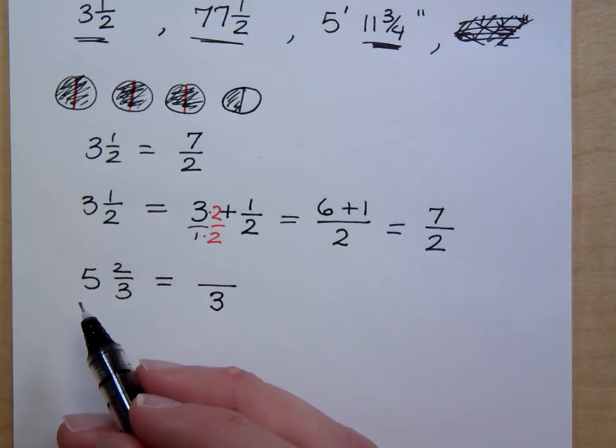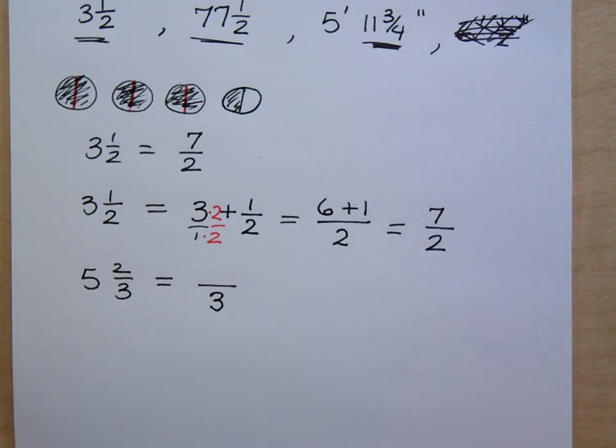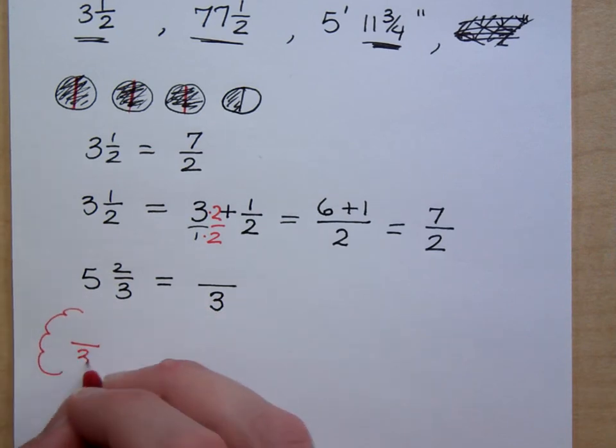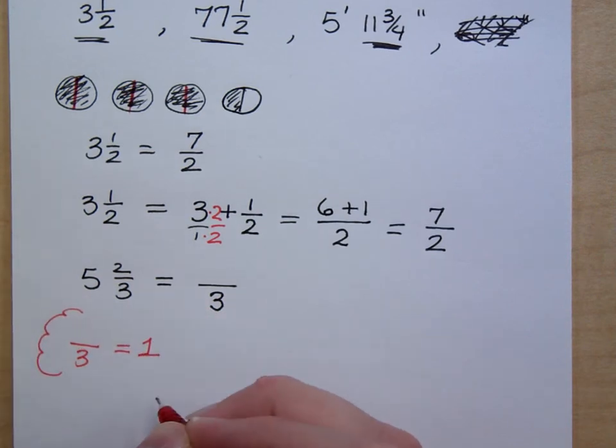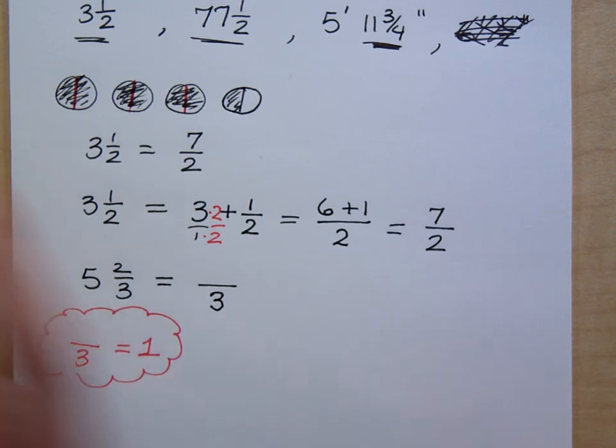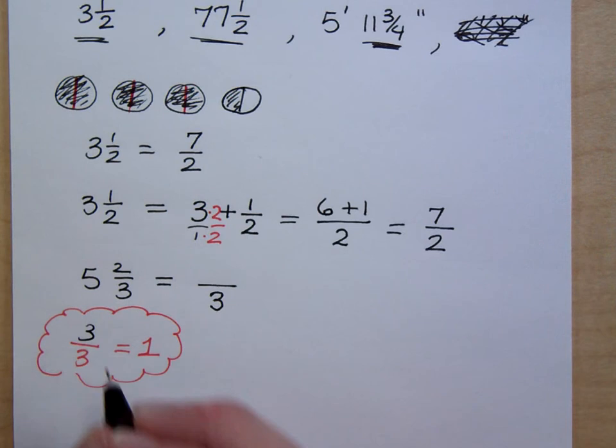Think about this. If you have 5 whole units, how many thirds are in 5 whole units? Okay, let's just step back for a second. How many thirds make up 1 whole unit? That's 3, right?